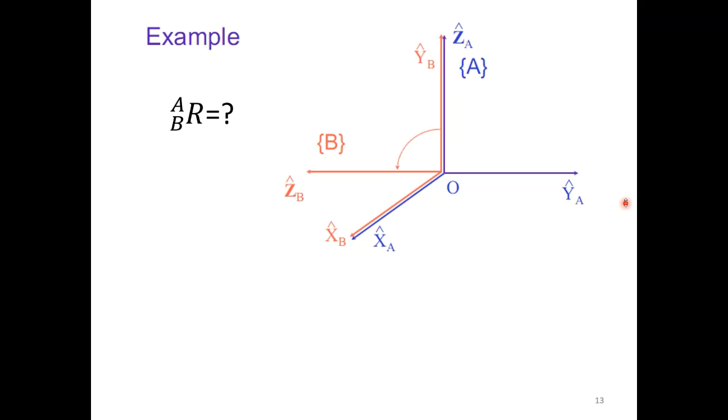Jayaratna? I have done, sir. 1, 0, 0. First column. What is the first column? 1, 0, 0, right? Second column? 0, 0, 1. Third column? 0, minus 1, 0.